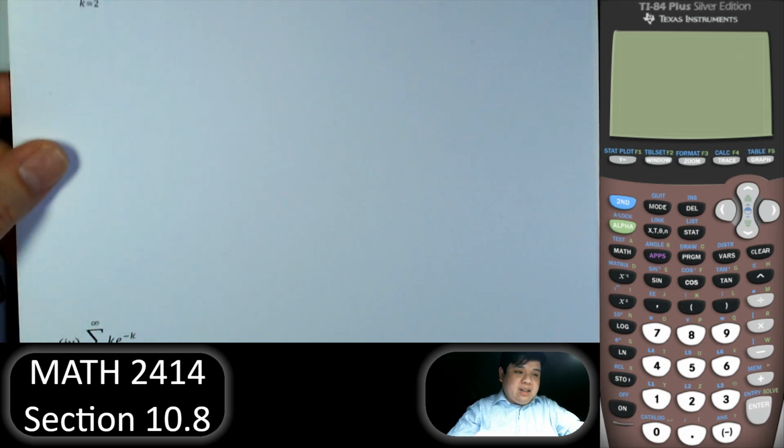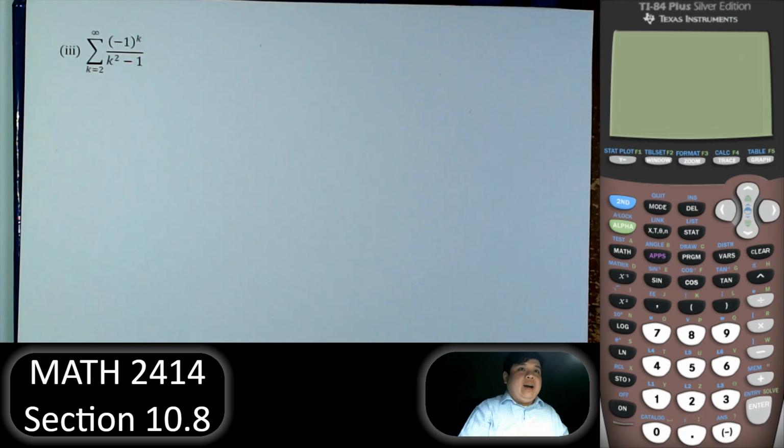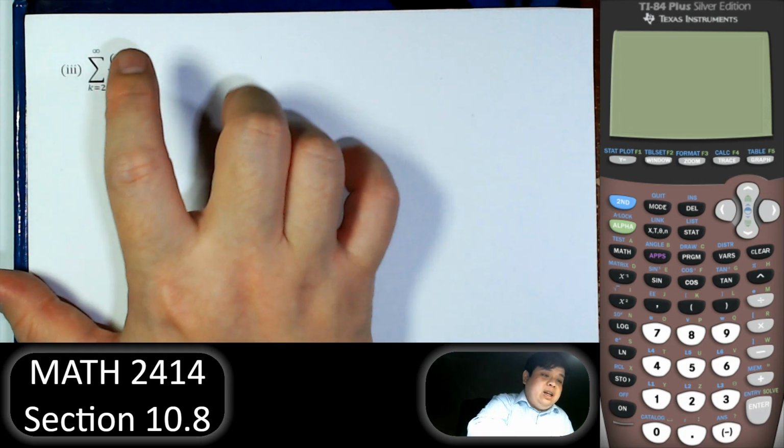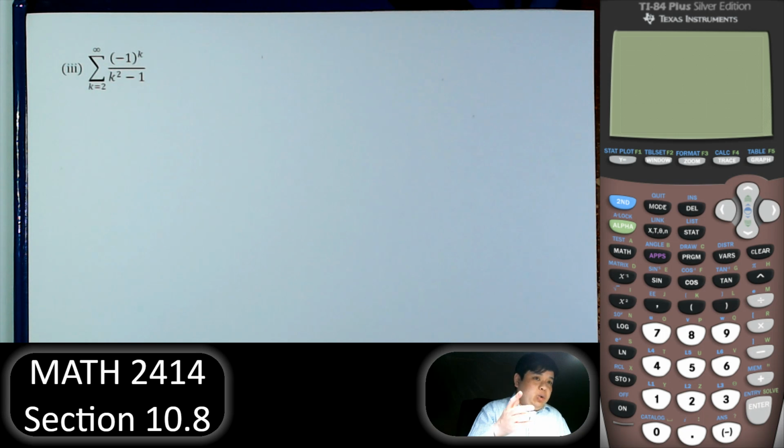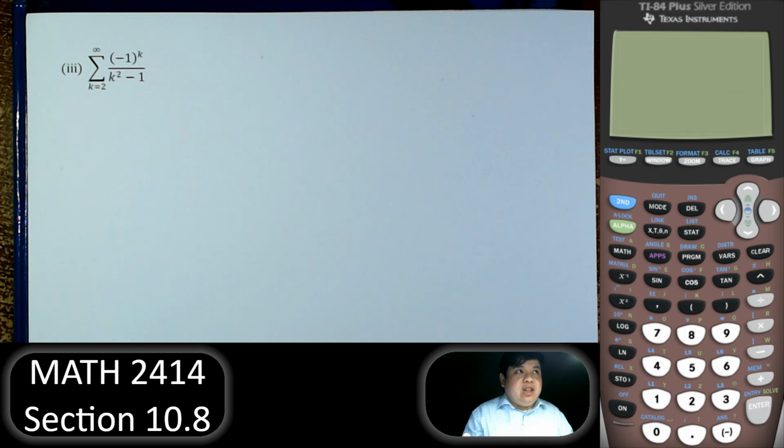Right, next test, this. Now, this is obvious, right? Because every time we see -1 raised to the k power, or -1 to the k plus 1 power, or k minus 1 power, or anything that has -1 raised to a power that alternates between even and odd, that is an alternating series. So we don't have to do much. We know for sure this is an alternating series.